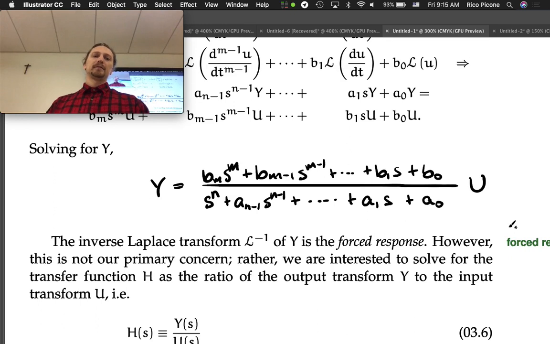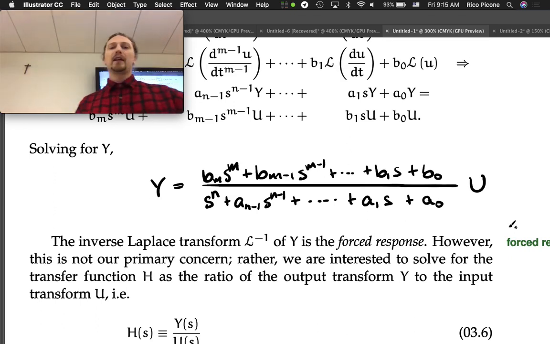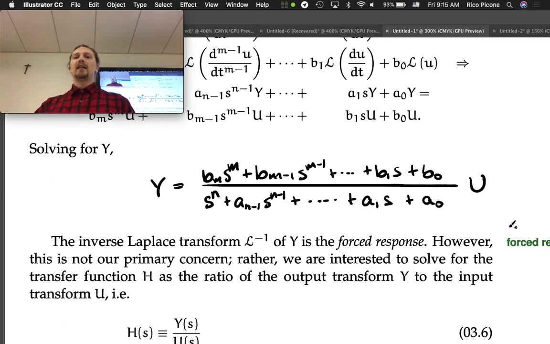Cool. So if we were to take the inverse Laplace transform of y, we would find the forced response.